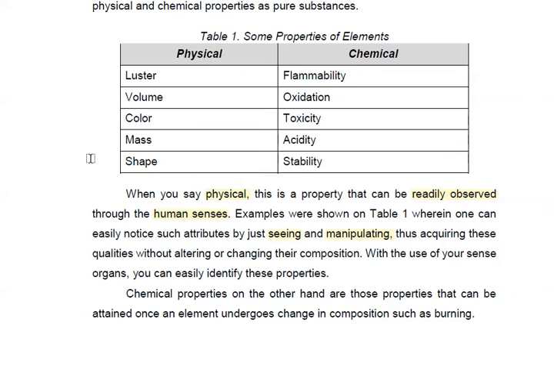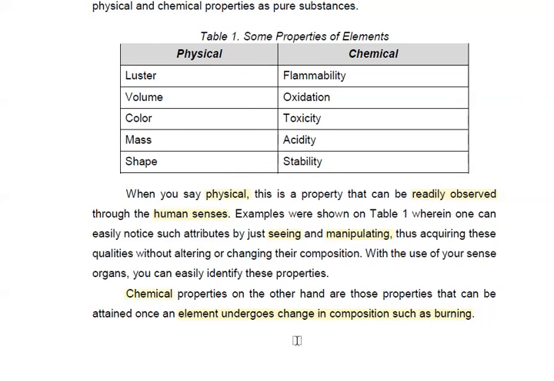So, that's oxygen. Chemical properties, on the other hand, are those properties that can be attained once an element undergoes change in composition, such as burning. So, this is an example of a chemical property.